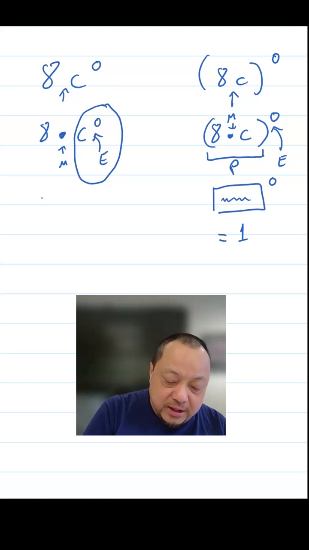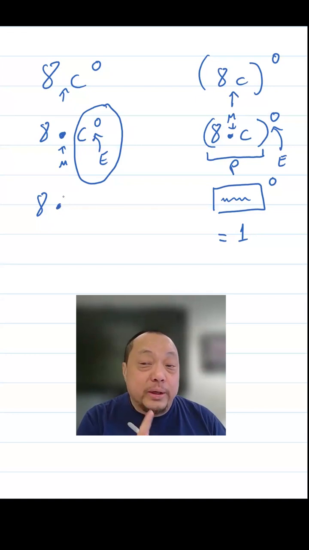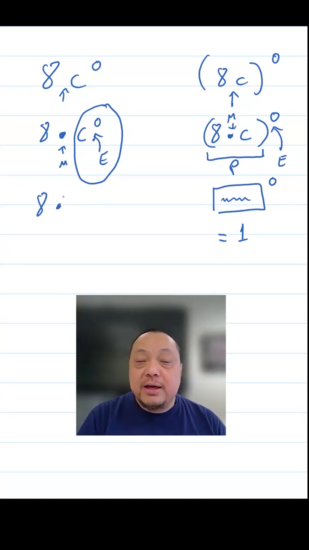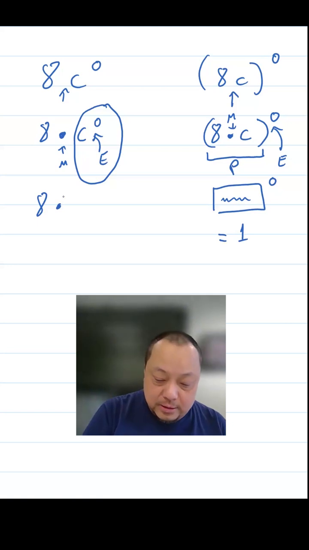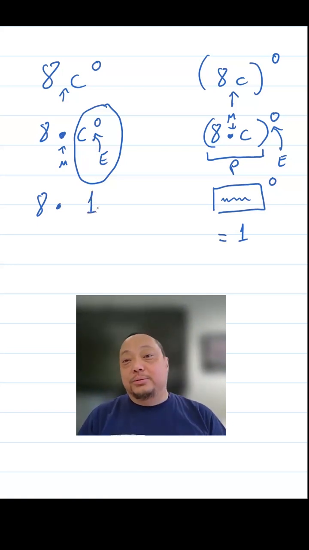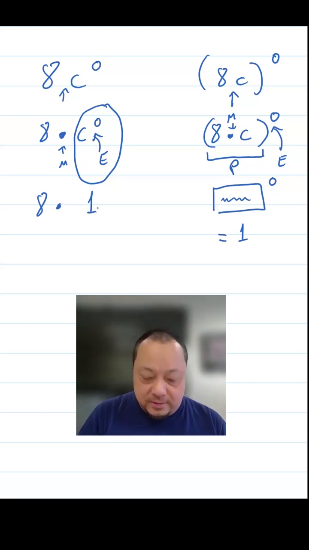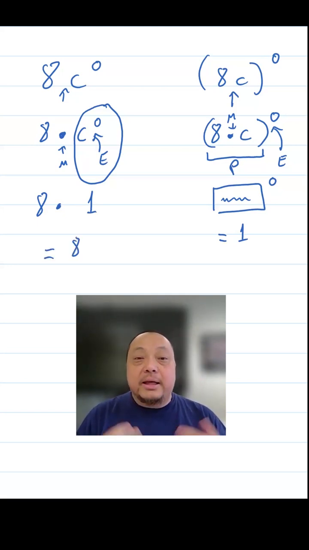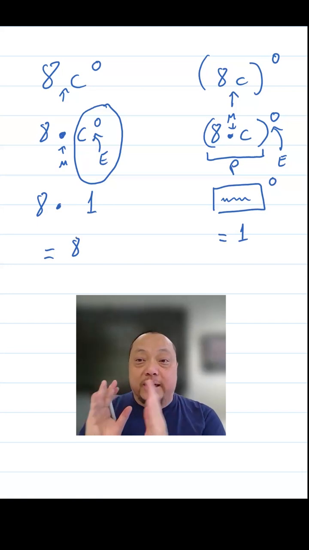Therefore, the whole thing is equal to 8 times, and I'm not doing that yet. I'm going to leave it there. I'm going to do the exponent first, and the exponent is c to the power 0. c to the power 0 is equal to 1. So that's 8 times 1. Oh, now this I can do. 8 times 1 is equal to 8. And there we go. The answer for the expression on the left is 8.